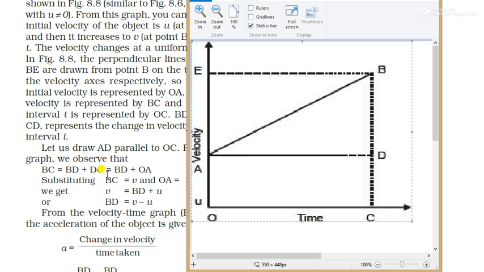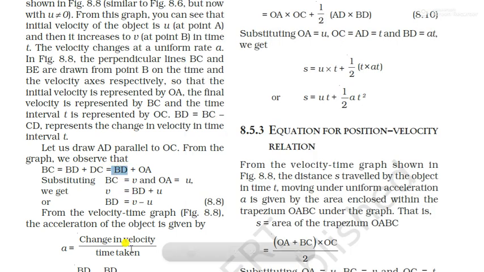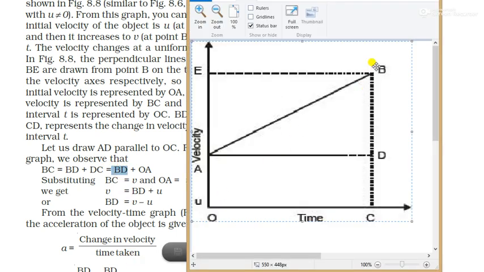And next, BD plus OA. Yes, we can write OA as DC because both are equal, because AD is parallel to OC. So here in this case OA is equal to DC.